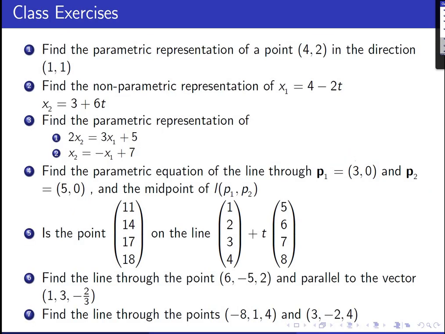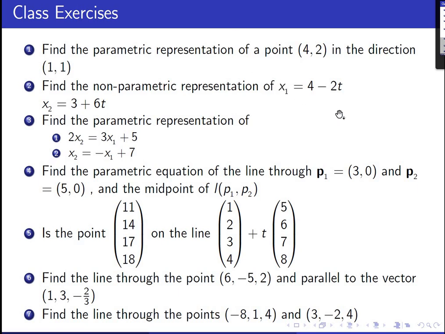And then we need to find the non-parametric representation of an equation. x1 equals 4 minus 2t, and x2 equals 3 plus 6t. So here we are still in R2.